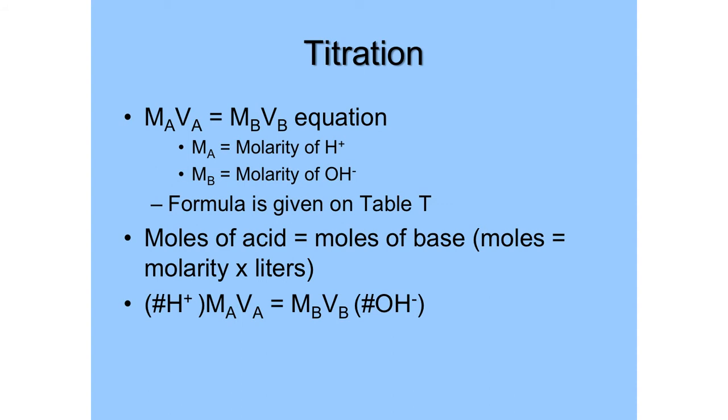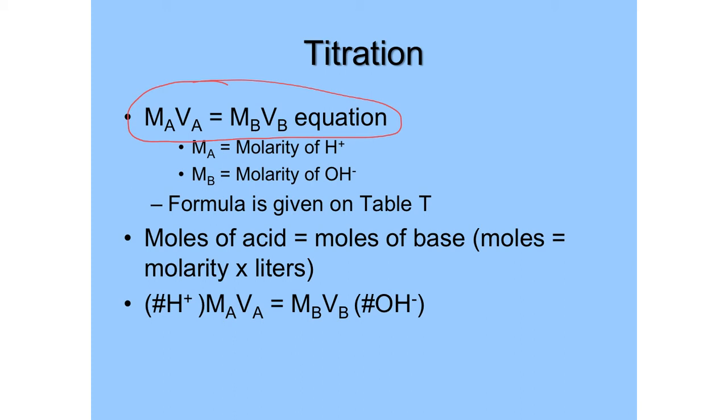So here is our titration formula, and this is on our reference table. Now that might look very familiar. We did use that earlier in the year when we did dilution. So MA, molarity of the acid, VA, volume of the acid, MB is molarity of the base, and then VB is volume of the base.